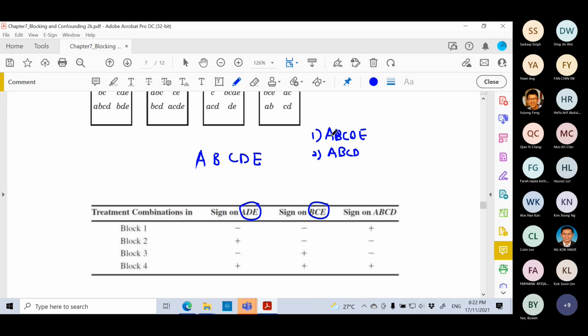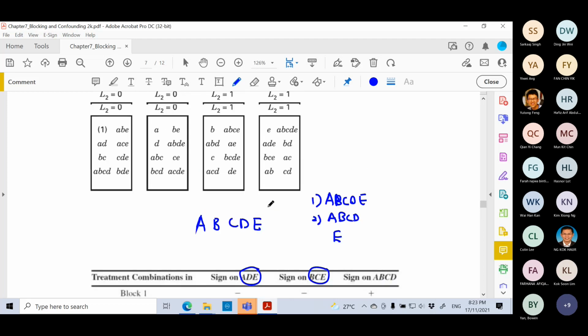It agrees with what I mentioned just now, we choose the highest order. But when you divide it into 4 blocks, you need to consider another confounded effect, which is the interaction between these two, the product of these two. When A times A, you do not have it anymore. So the other one is E to be confounded.